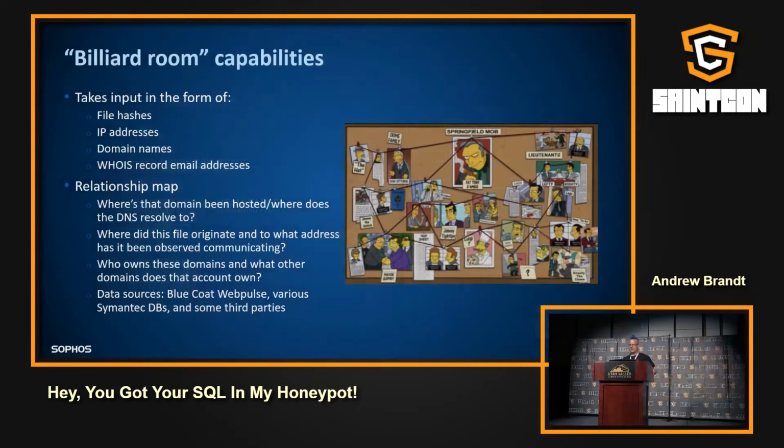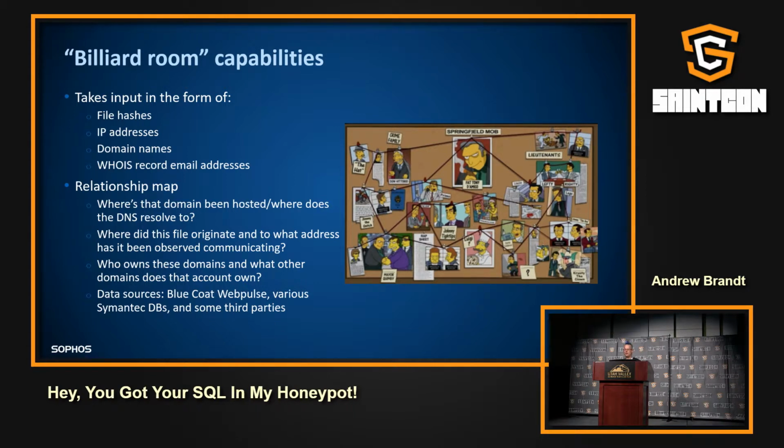So the company I used to work for had a really interesting threat intelligence tool called Billiard Room. The way Billiard Room worked was the company had a reputation service that knew a lot about the behavior of certain malware and what it talked to, like if the malware spoke to a certain IP address or was delivered from a certain domain.